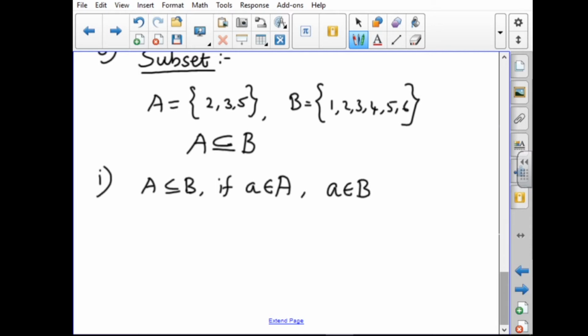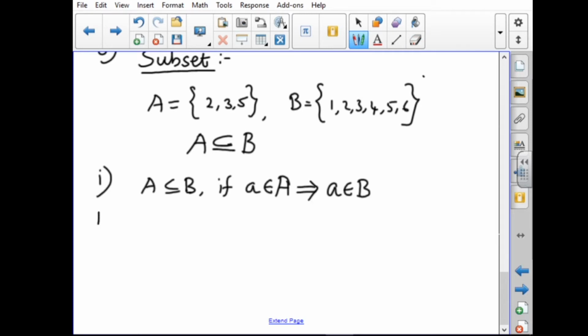Okay, are you clear? If A is a subset of B, any element of A is also an element of B.